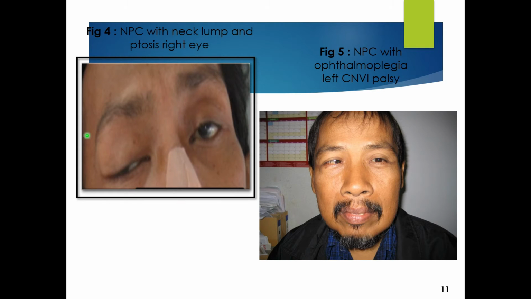In this picture, you see patient has ptosis of the right eye. And this picture shows NPC patient with ophthalmoplegia, left 6 nerve palsy. Left lateral rectus muscle is impaired, so patient would complain to you with diplopia.